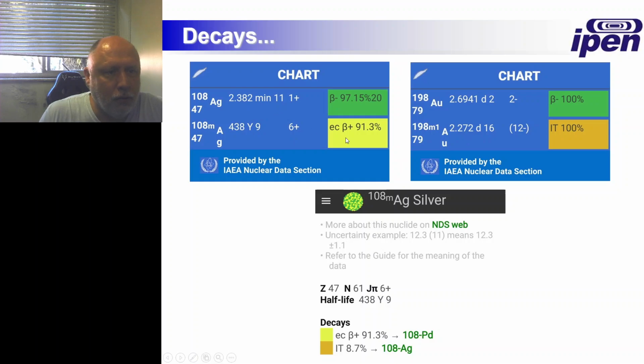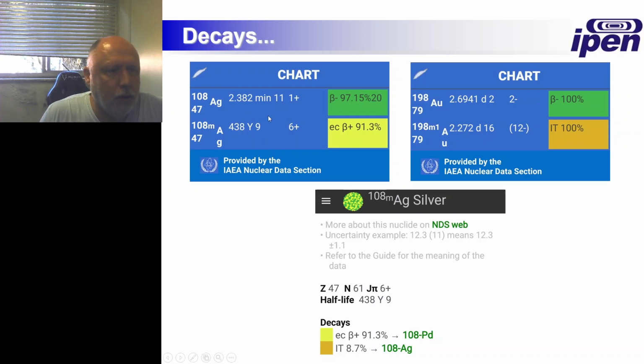So in this case here, you see there's no IT, so it never decays straight to this one. It only decays by capture or beta plus. This one happens the opposite. This one decays only by internal transition to this one, right? And here, in fact, if you look at this one, yes, there is IT.